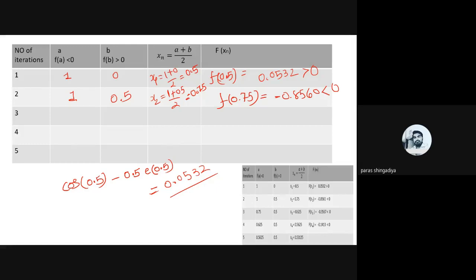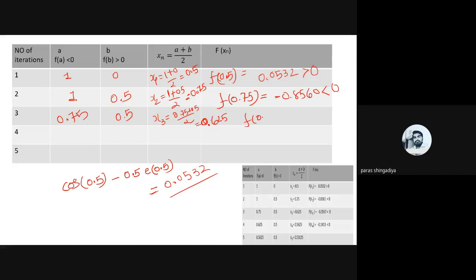Clear? So if it is negative, we'll replace 1 by 0.75, and here 0.5 as it is in x3. Use again the average. It will be 0.75 plus 0.5 divided by 2, and that will be 0.625, the average of these two.